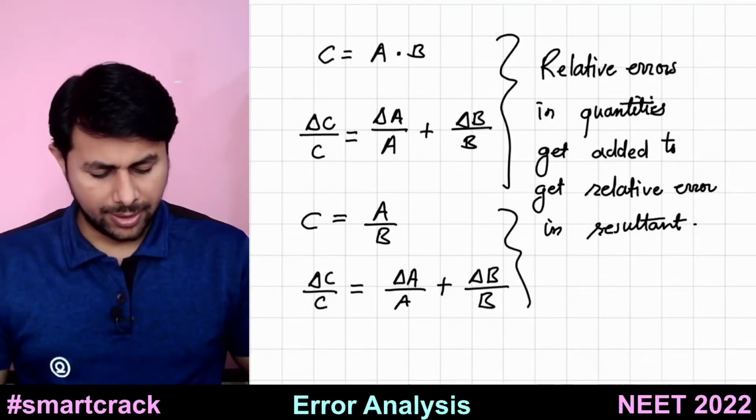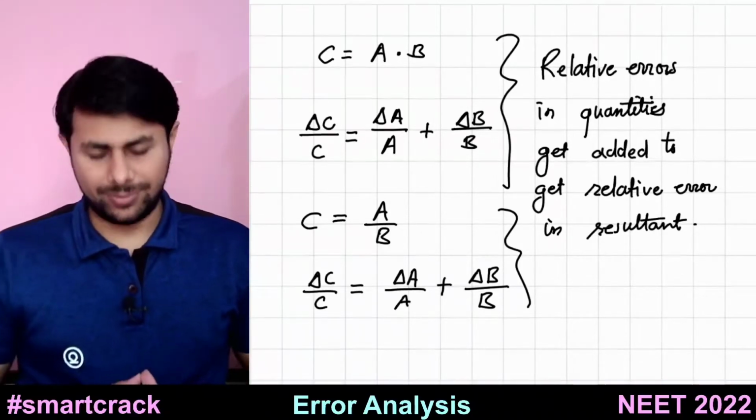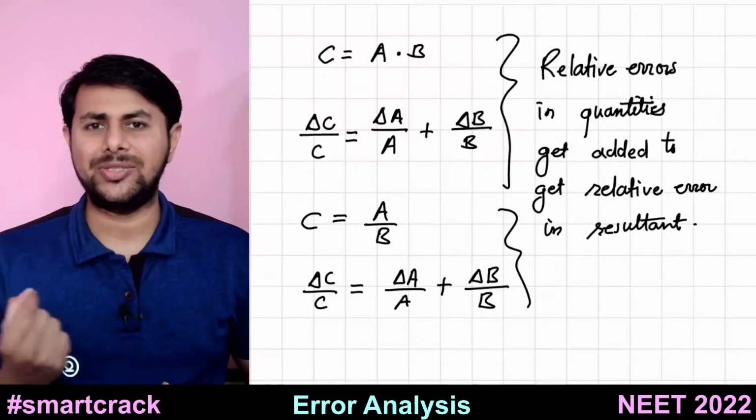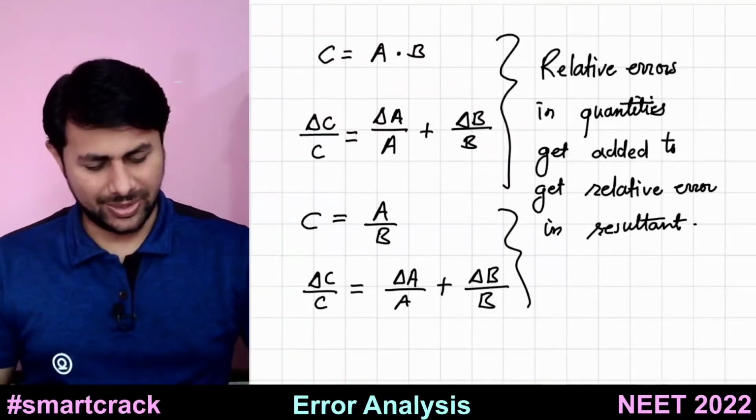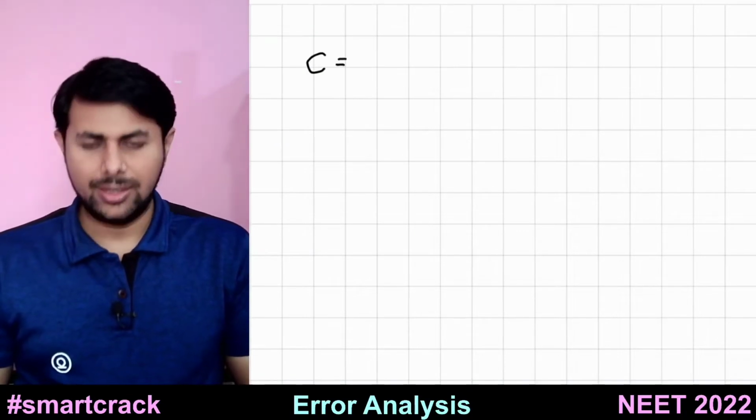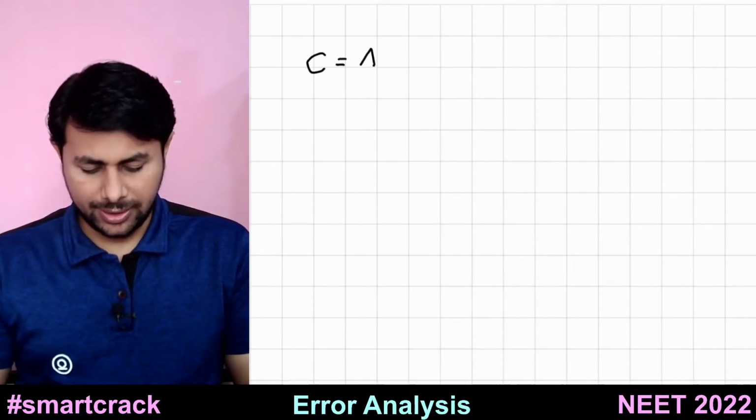All right. So now we need to know one more piece of thing to be able to solve the problems. Now let's suppose C is equal to A square.